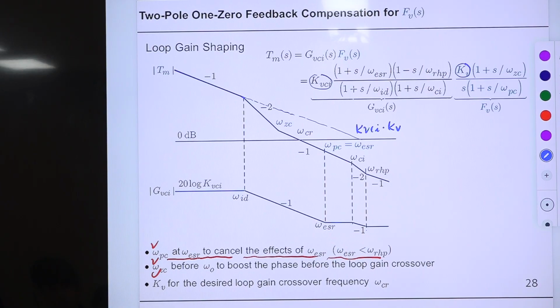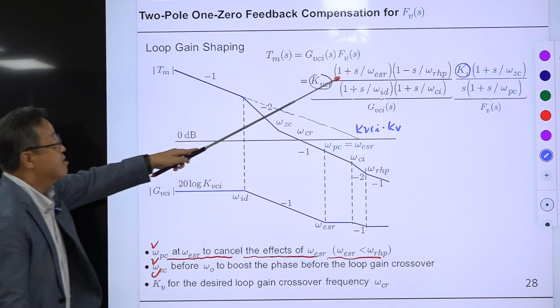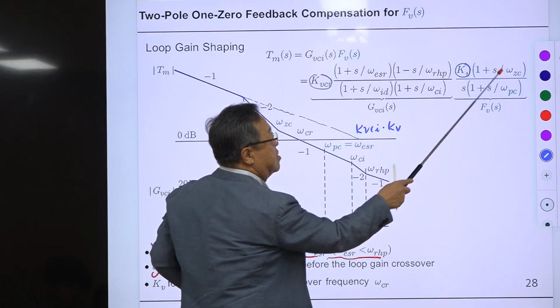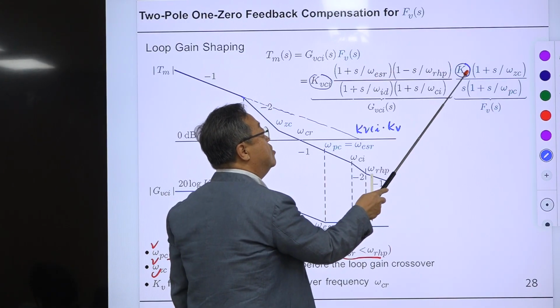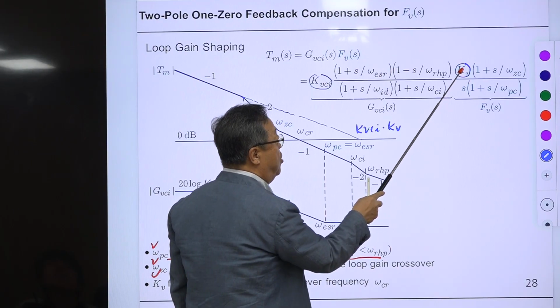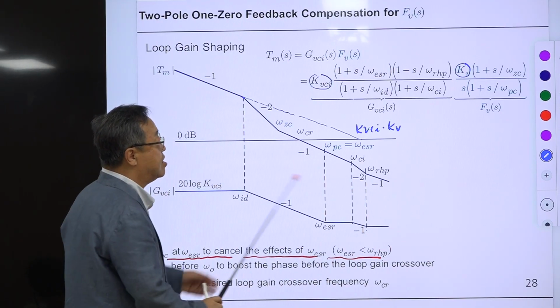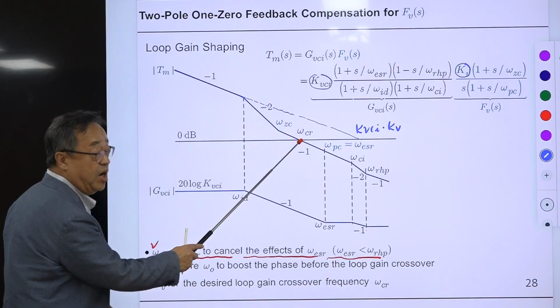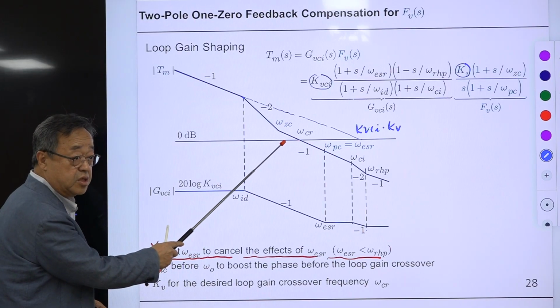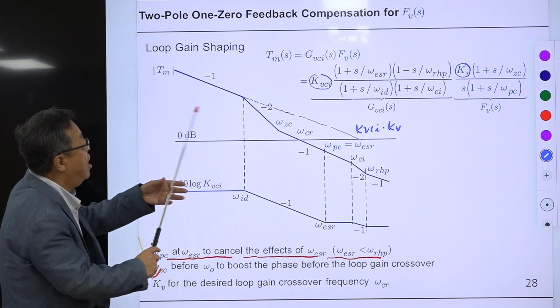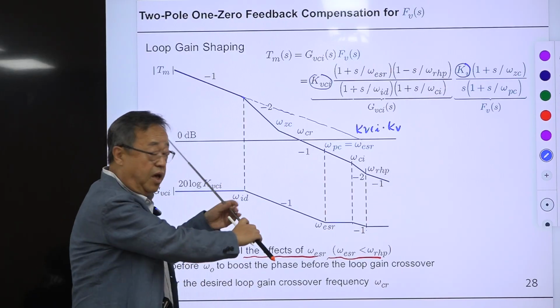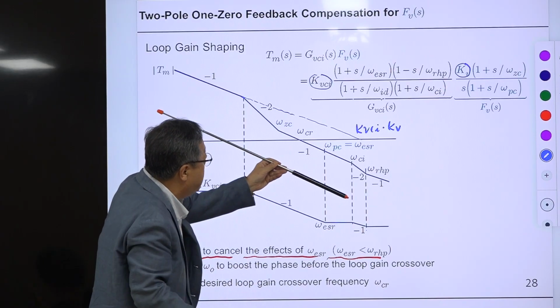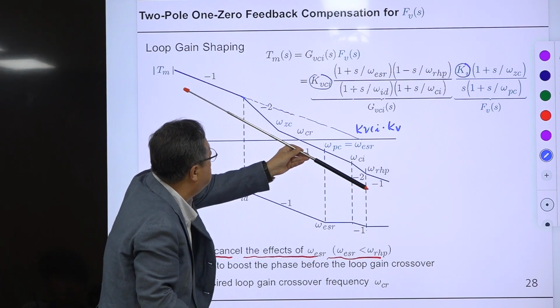All right. And this one and this one are already determined, and the remaining undetermined parameter is KB. So KB directly controls this omega CR, the loop gain crossover frequency. If you increase KB, the phase remains the same because this is just a constant, and it will shift up this loop gain plot.